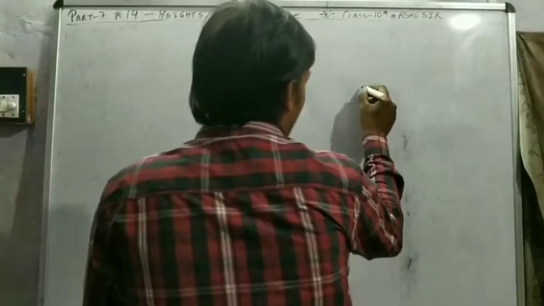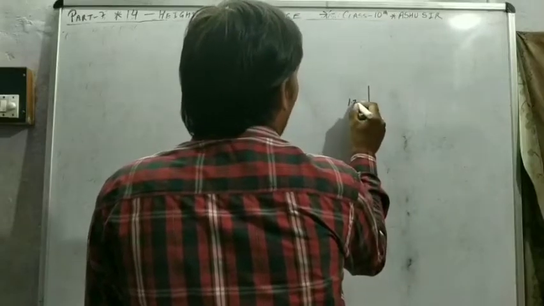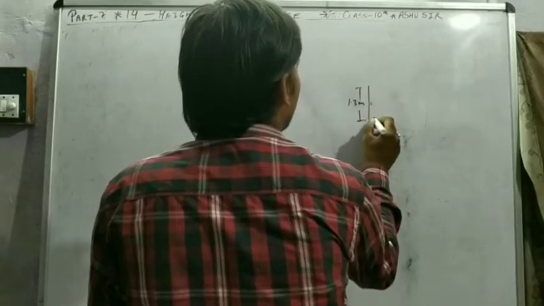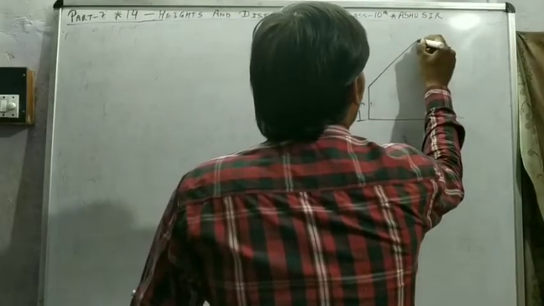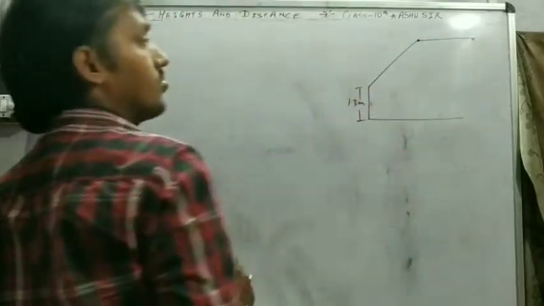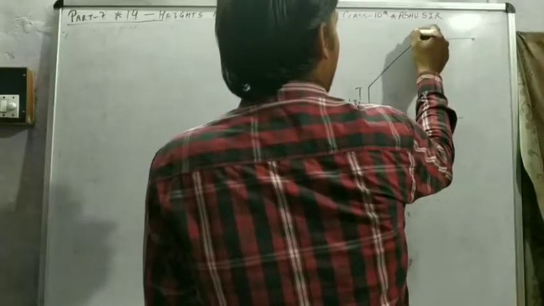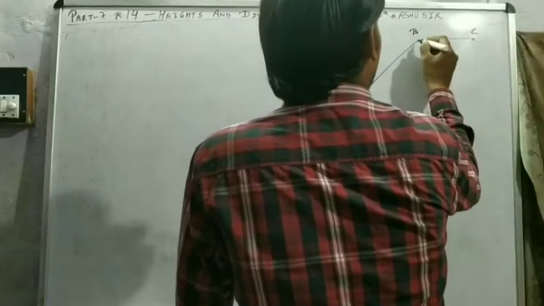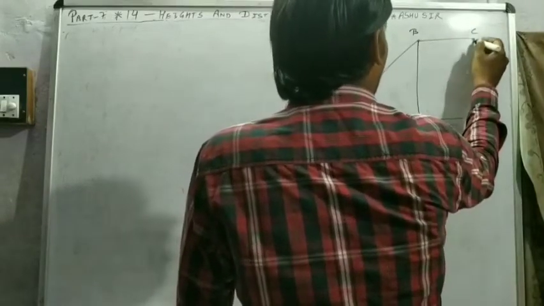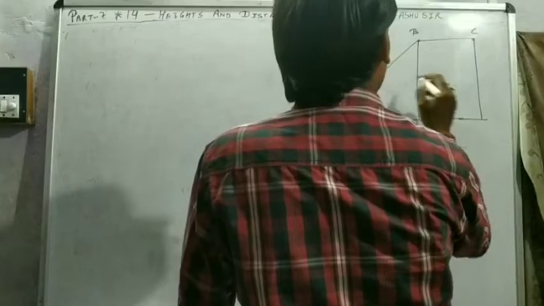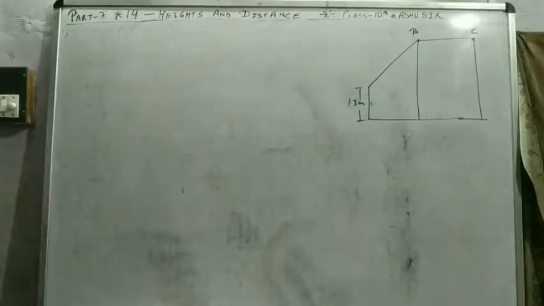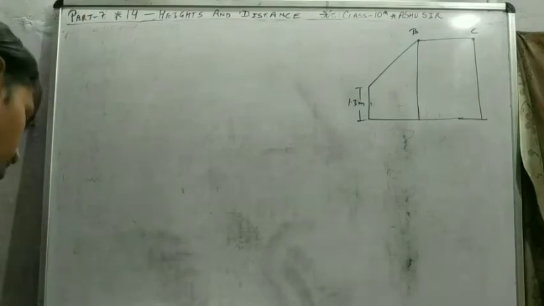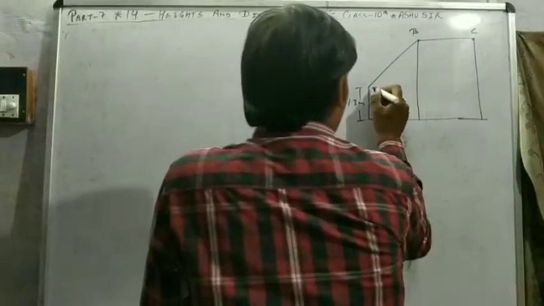So, 1.3 meters tall, standing on the ground, a moving balloon. This is at fixed height. The height of here and here are both the same. It changed the angle from 60 to 30.